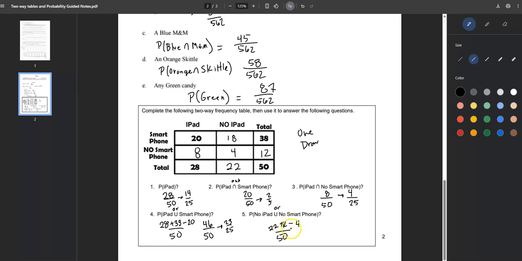And when I do that, that would give me 30 out of 50, which again would be 3 out of 5. Okay? And you can put these all as percentages if you'd like to, depending on what it wants. So you can definitely do 60% if you'd like.